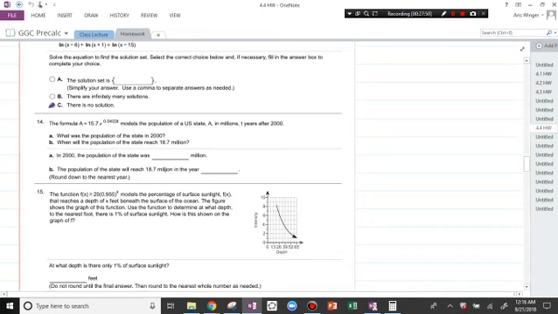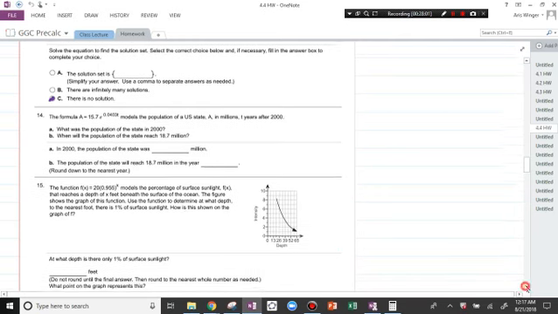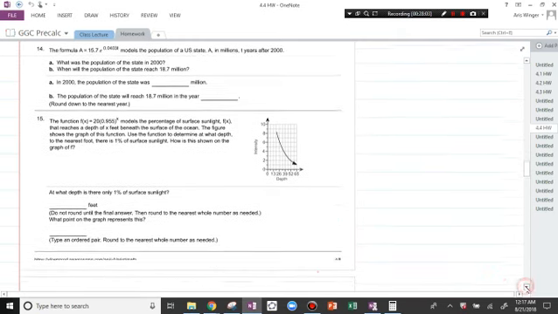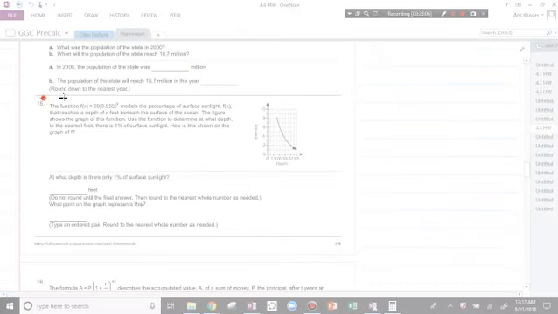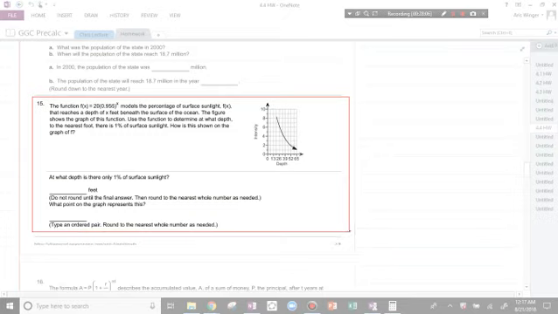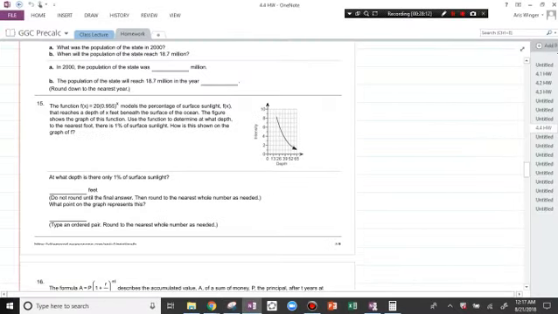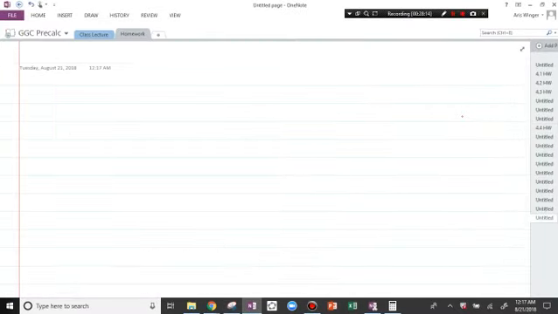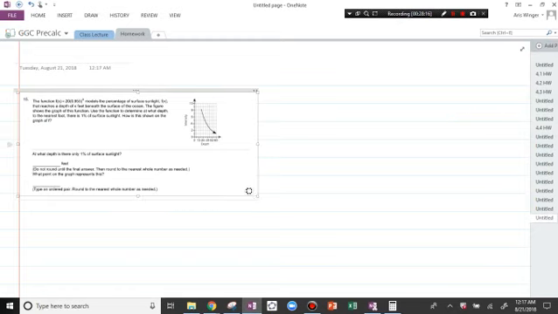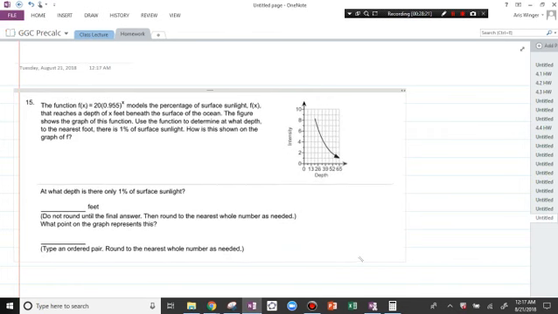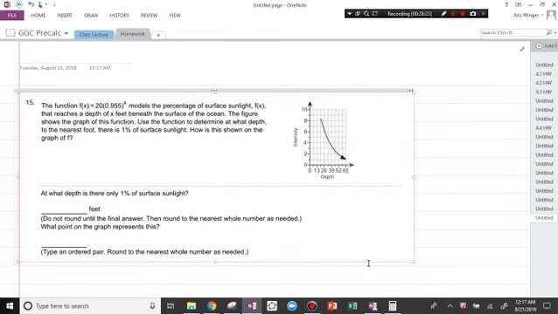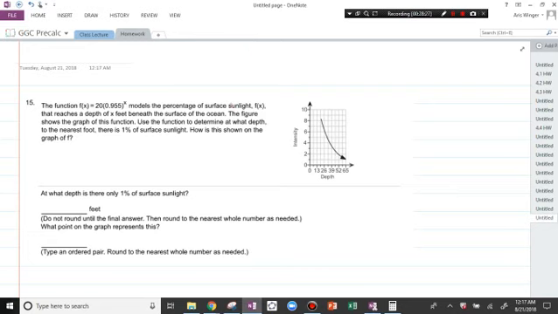Okay, 15 more word problems. The function f of x equals 20 times 0.955 to the x minus the percentage of sunlight f of x that reaches a depth of x feet.